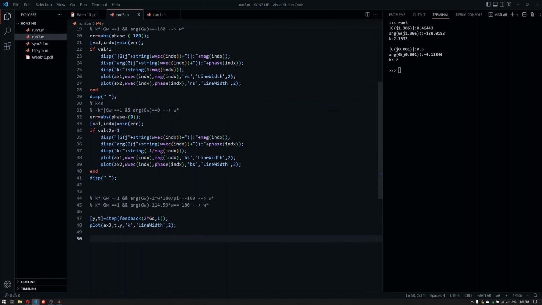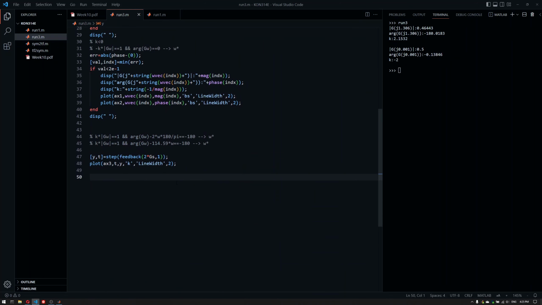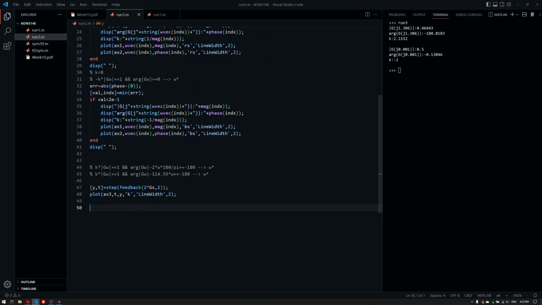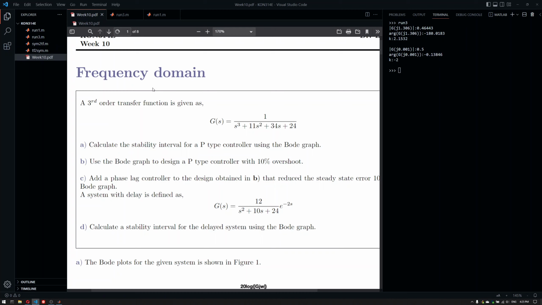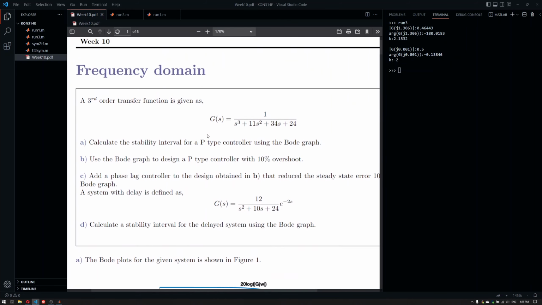So that's basically it. There are many more things that we can talk about regarding the Bode plot, but the best way is to try to design each controller that is available to you, and the homework was actually designed for this, so you get a better view of this.